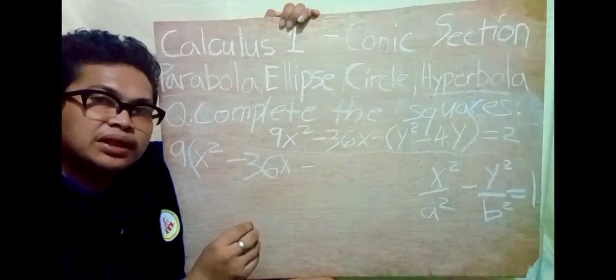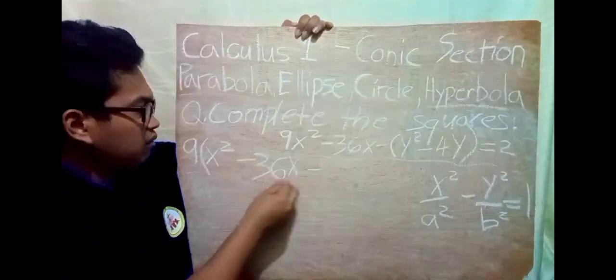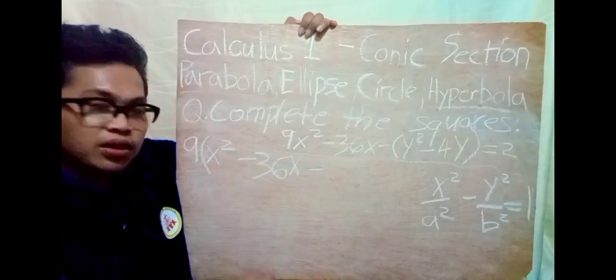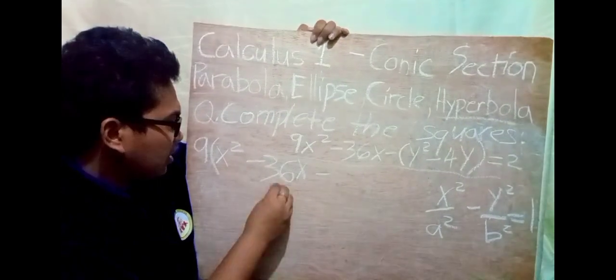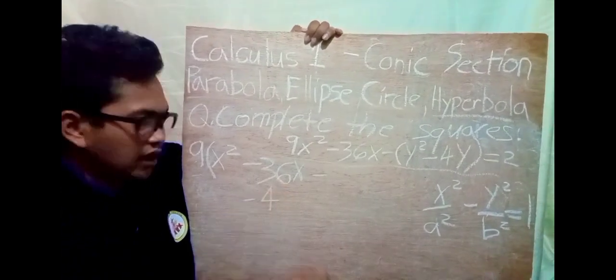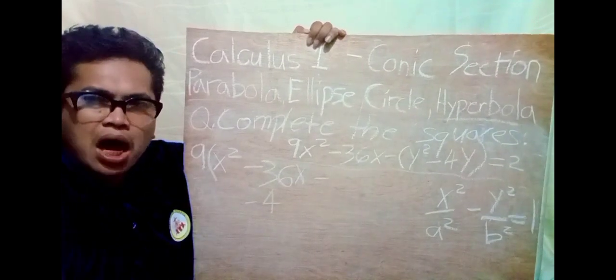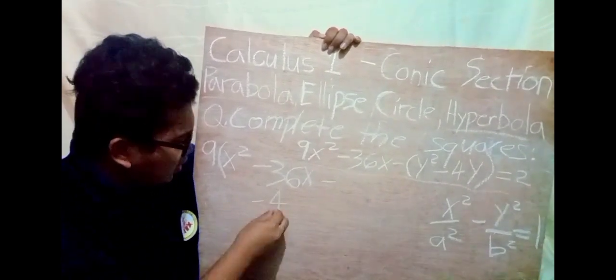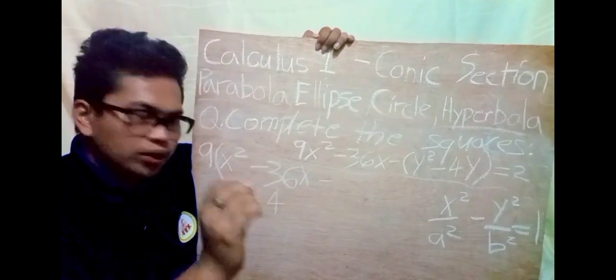To find the square term, we divide the 36 by 9, which equals 4, so negative 4. We need to find the combination term. What is the square root of 4? Yes, 2, because 2 times 2 is 4.